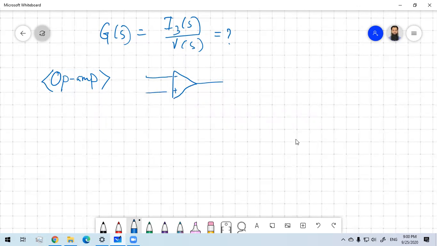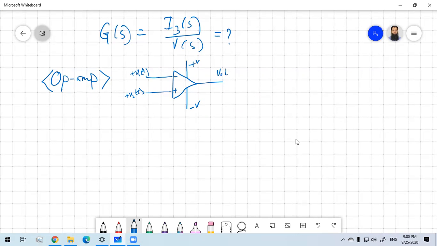So what are the characteristics of the op-amp? The op-amp has two inputs, which we call differential input. One is negative and one is positive, say V1(t) and V2(t). You have to give two bias voltages, plus V and minus V, in general plus 15 and minus 15.